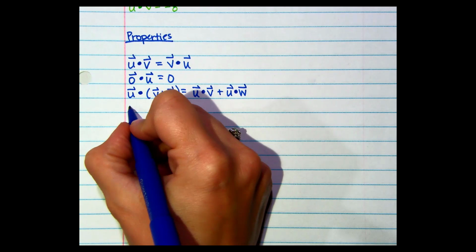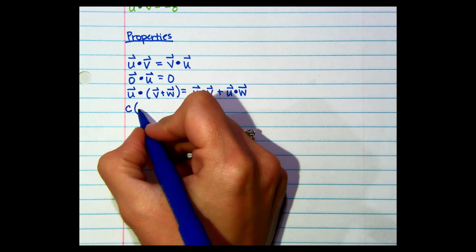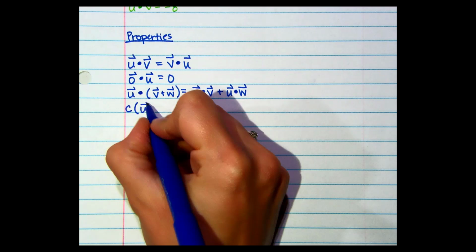Okay, what if I have a constant C that I'm multiplying times a dot product?